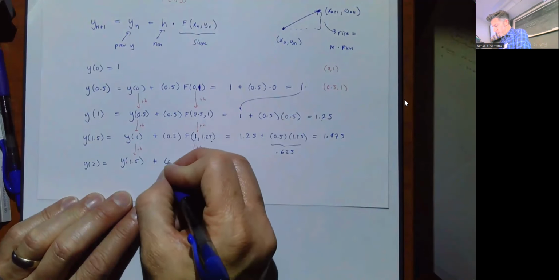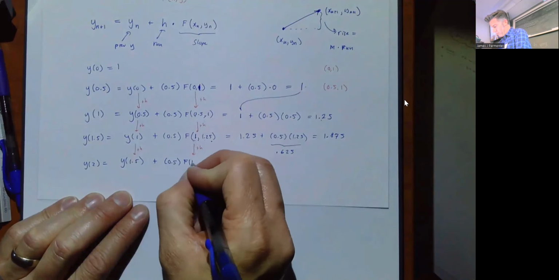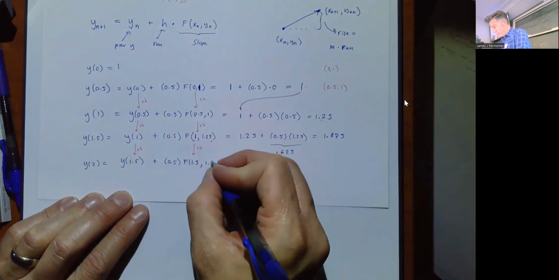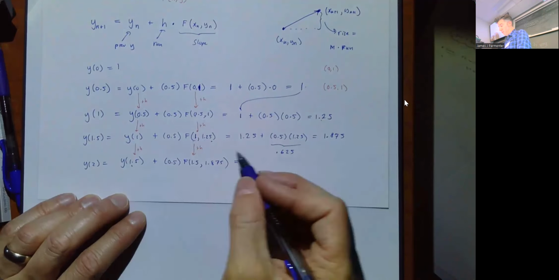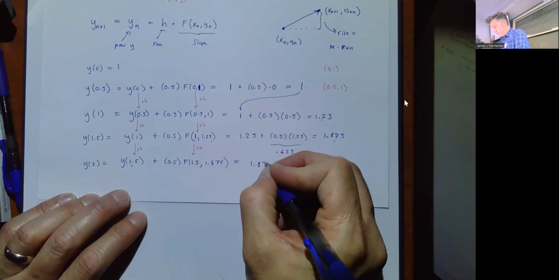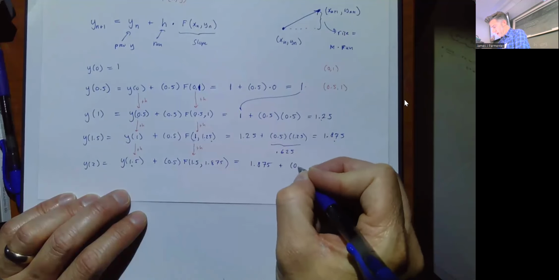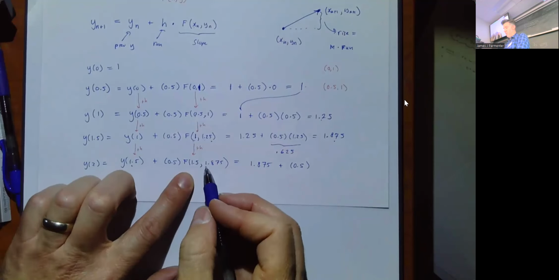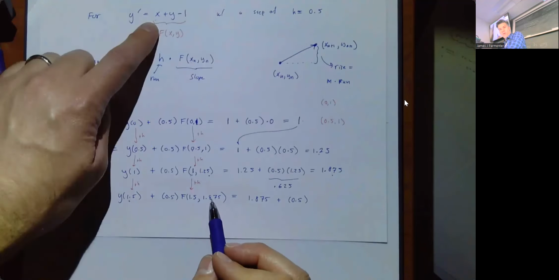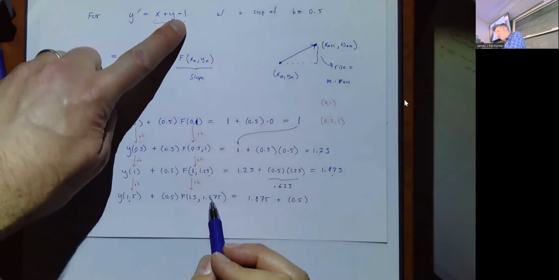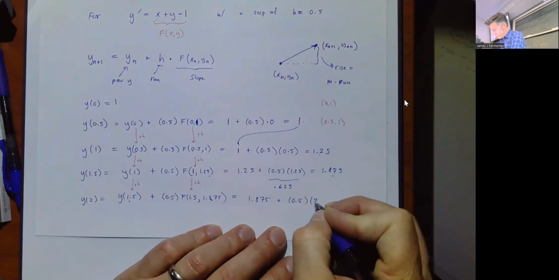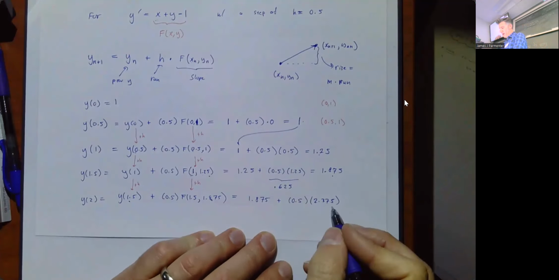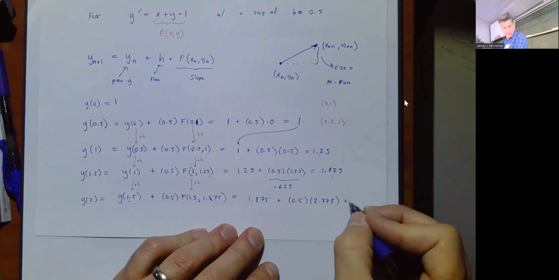So we're going to have plus 0.5 times f of 1.5 comma 1.875. And y of 1.5 is just the previous y value, 1.875, plus 1/2 times f of 1.5 comma 1.875, which is just 1.5 plus 1.875 minus 1, which is something gross that I calculated ahead of time and now I've lost my notes. No, it's right there. It's 2.375. If you multiply that by that and add that to that, you end up getting 3.0625.